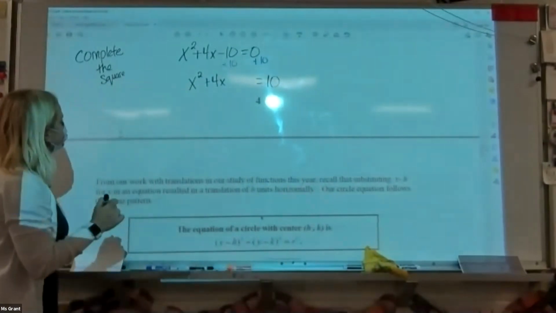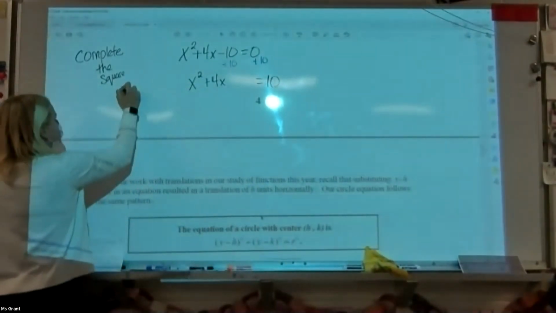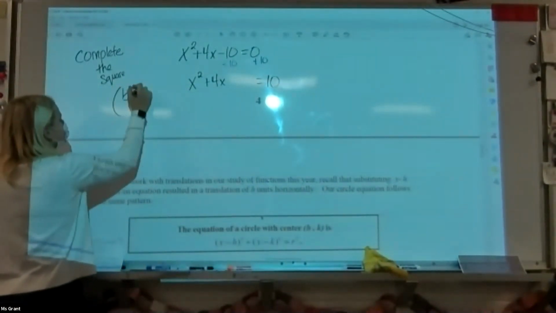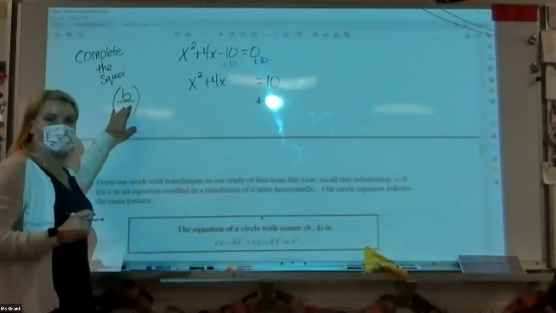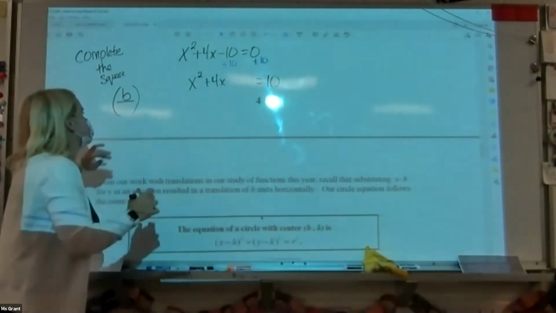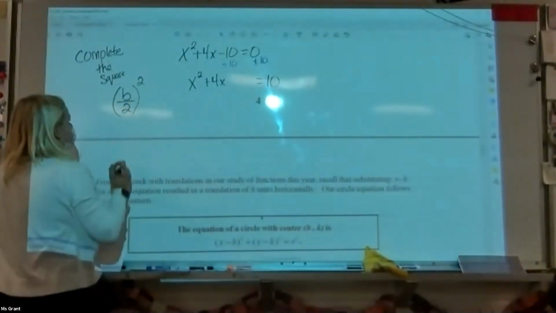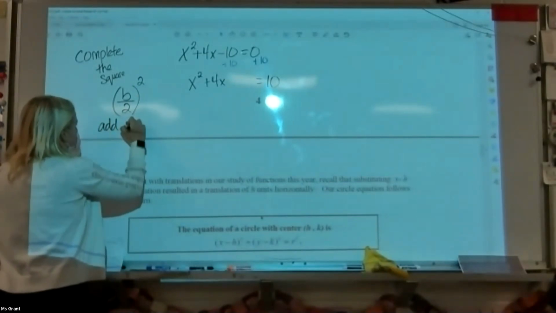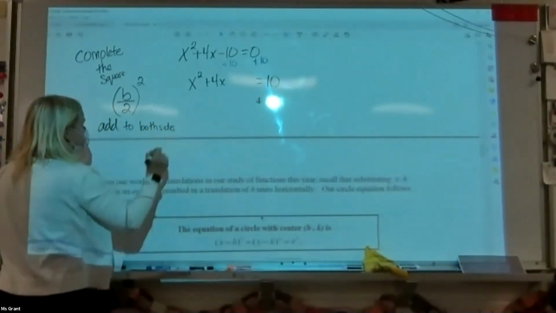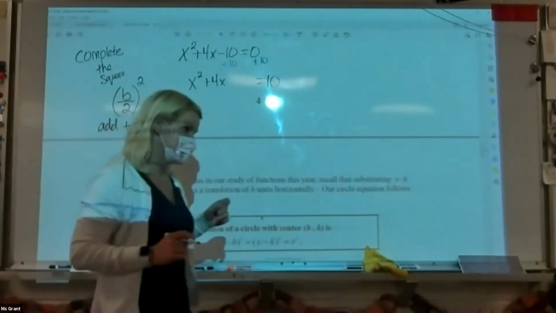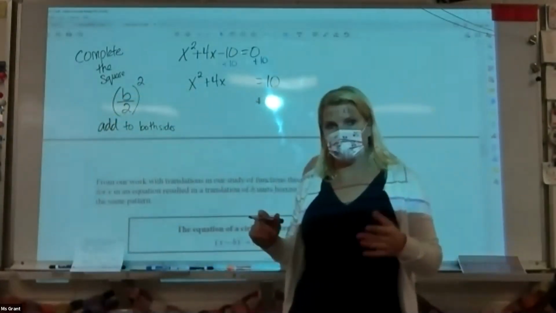Now, in case you remember it, there is a step where we take whatever number b is, divide it by 2, and square it, and you add it to both sides. b divided by 2, squared.